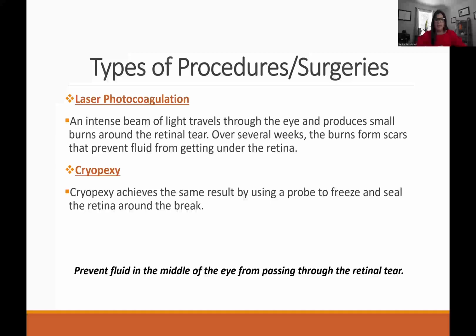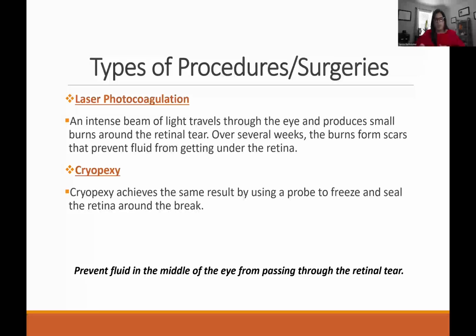There's laser photocoagulation and cryopexy. Both of these methods prevent fluid. It's usually done when there's a tear. Both of these prevent fluid from getting into the middle of the eye after it passes through the tear. If that fluid gets under the retina, then the retina detaches. So it basically prevents fluid from getting underneath it.